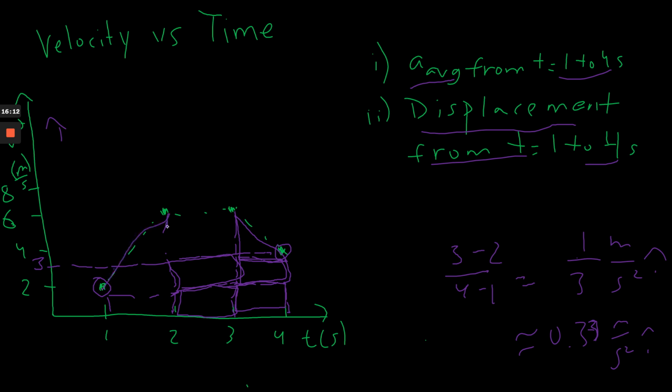You could do this in multiple ways. I'm just trying to make it obvious by breaking it up into rectangles or triangles, but you can also break it up into trapezoids to use fewer figures. The displacement will be all these individual areas added together, because displacement from a certain time to a certain time is basically the area under the curve.